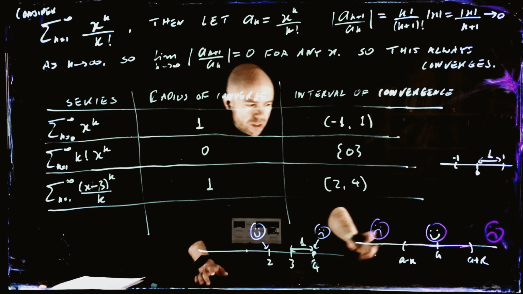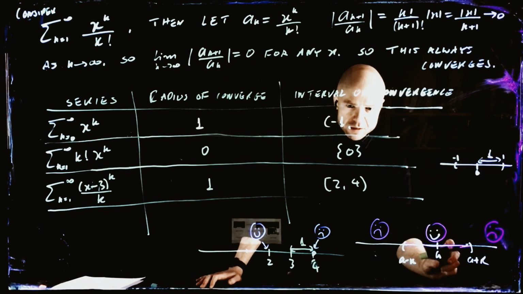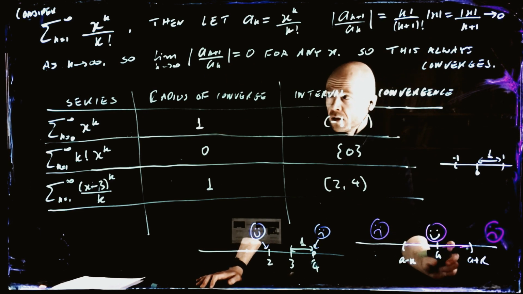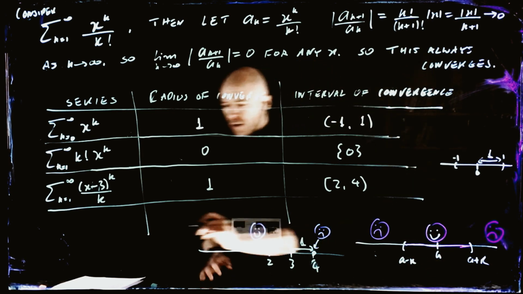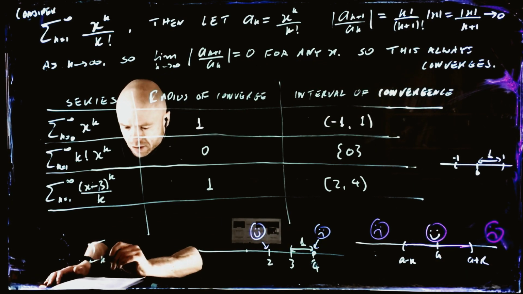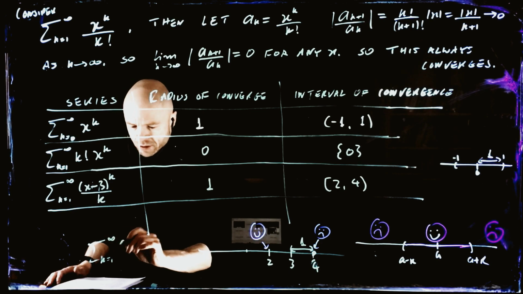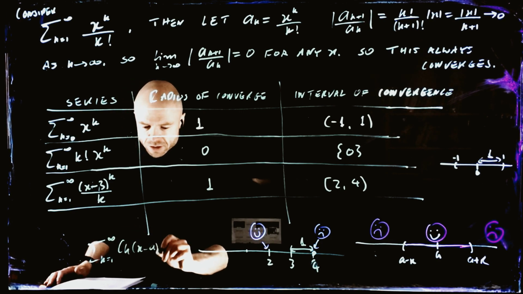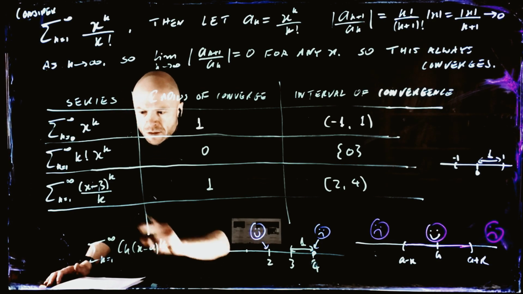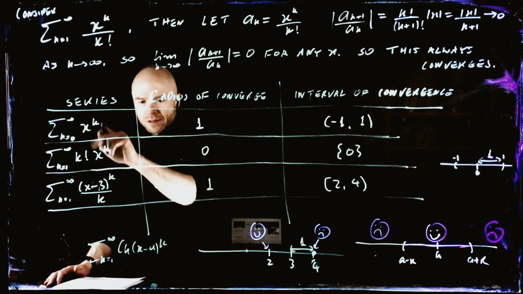Cool. So with this picture in mind, where you think about where the series is centered, a series like this, the sum from k equals 1 to infinity of c_k times (x minus a) to the k, is centered around a. That's what it means. So this is centered around 3. These guys are centered around 0.